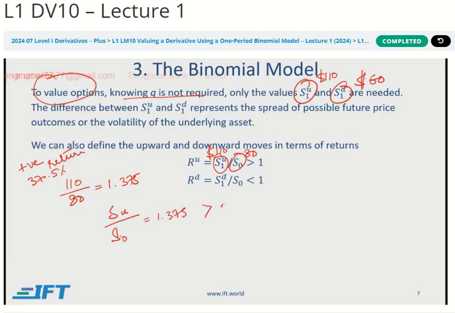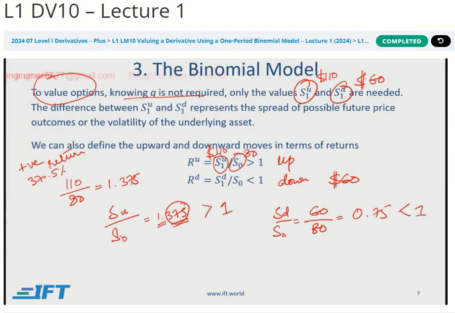So when you divide S up by S naught, you get 1.375, and since this is greater than 1, that means you have an up move with a positive return. You're getting more than what you started with. You have 1, which is what you started with, and then 37.5% more. Whereas if we look at the down situation, and let's say it's going down to 60, it will be 60 over 80, which is S down divided by S naught, and that is around 0.75, which is obviously less than 1.